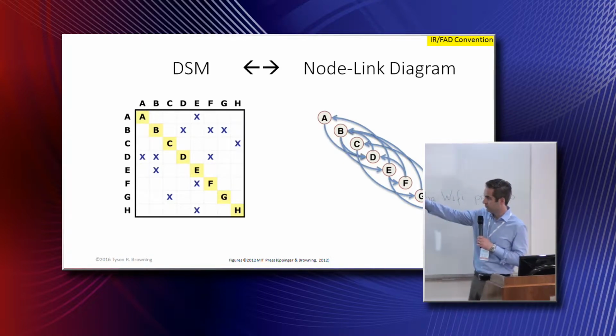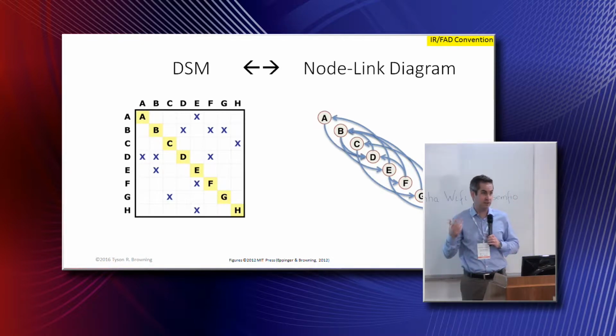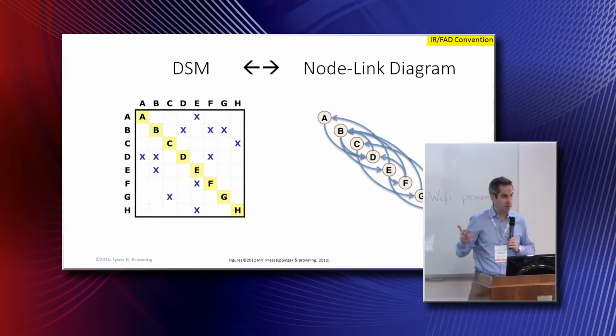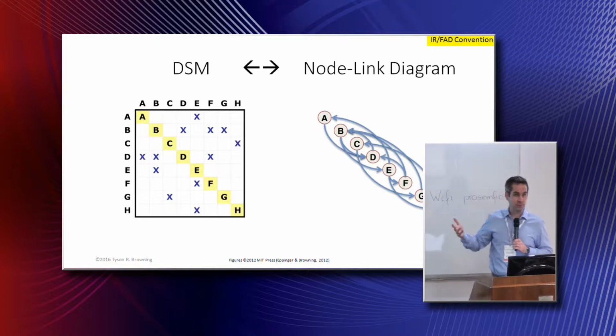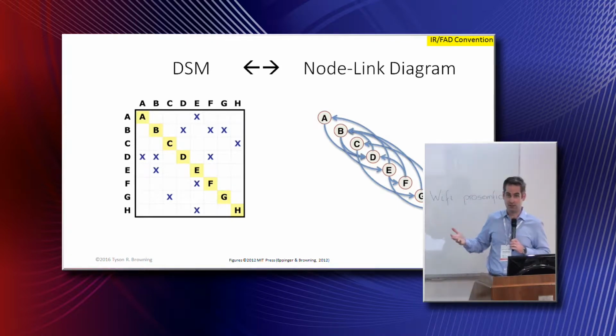And the nodes or elements in this network, think of these shaded cells along the diagonal as representing them, and then think of the cells off of the diagonal as capturing the presence of a relationship. And sometimes with different numbers or symbols, we say more than just presence. Maybe we say strength or frequency or importance, things like that. So the two ways of looking at the same thing at this point.